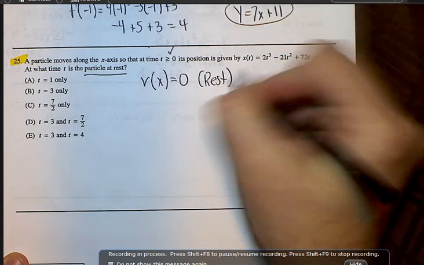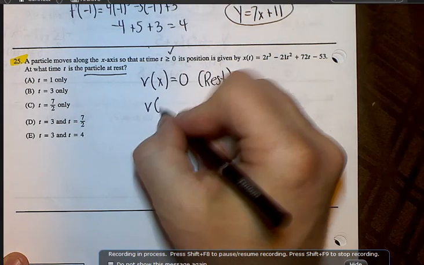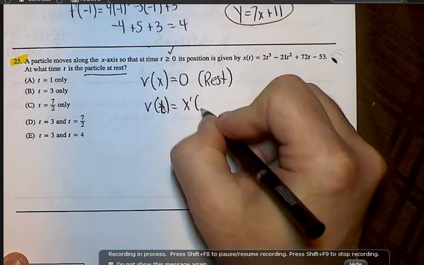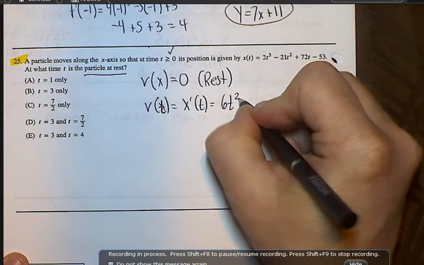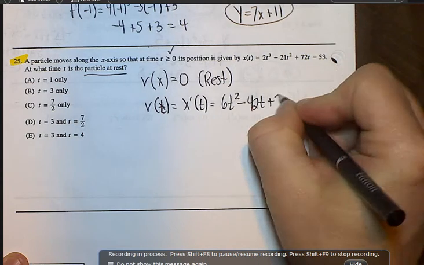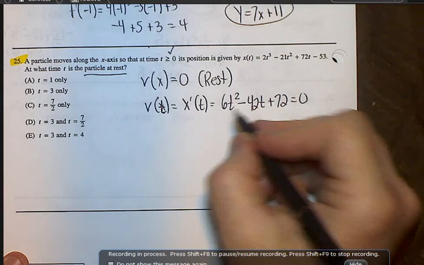So to get to the velocity, we have to take the derivative of the position function, which is going to be 6t squared minus 42t plus 72. We want to set that equal to 0. I can take out a 6, I believe.